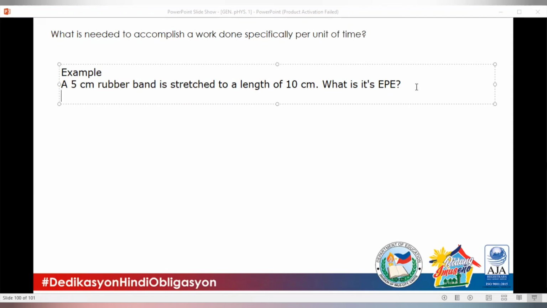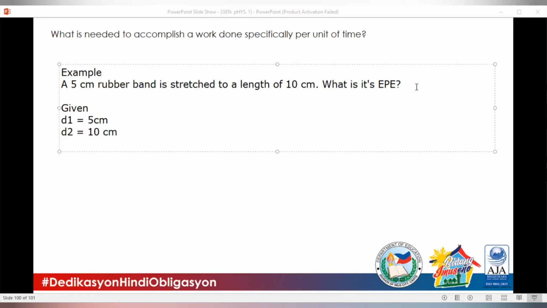So in solving problem again, we need to determine the given of the problem. So our given here is you have the displacement D1 is equal to 5 cm. D sub 2 is equals to 10 cm.